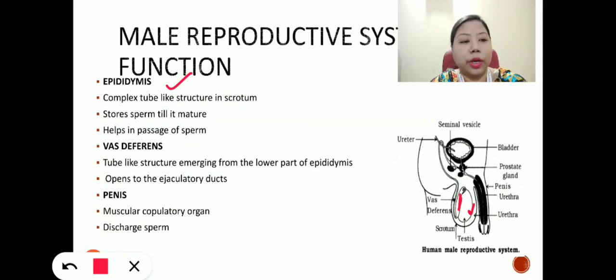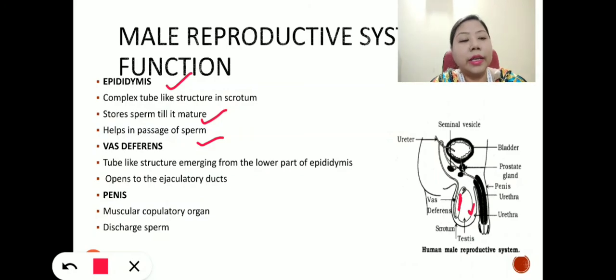When the sperms are produced, they will be moving out of the testes through the epididymis, and it will connect to another tube which lies next to it, the vas deferens. So the main function of the epididymis is to store sperm till it is mature, and it also helps in the passage of the sperms from the testes to the vas deferens.